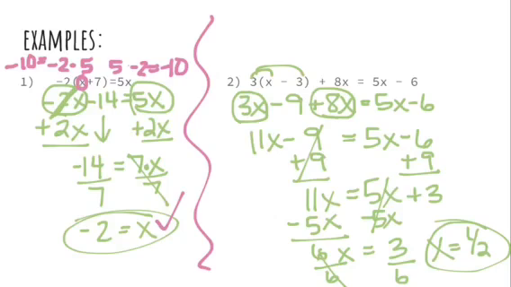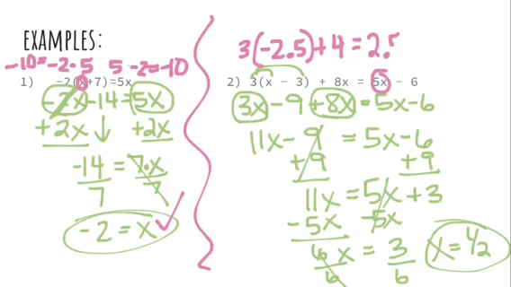Let's see if that works. 3 times 1/2 minus 3, which is negative 2.5, plus 8 times 1/2, and half of 8 is 4. We need to see if that equals 5 times 1/2, which is 2.5, minus 6.